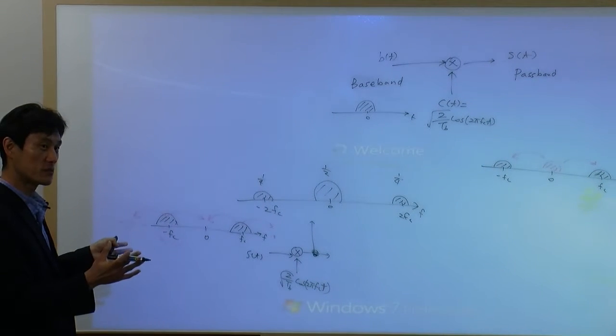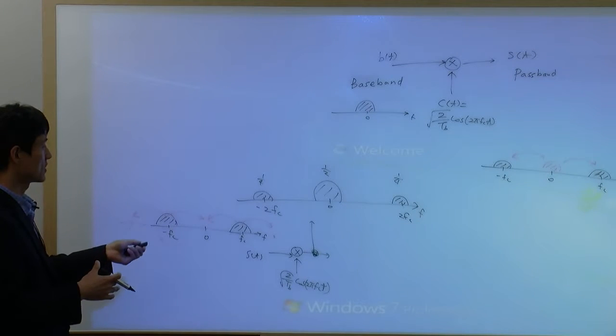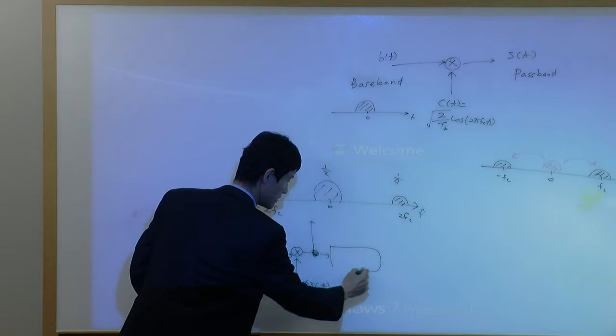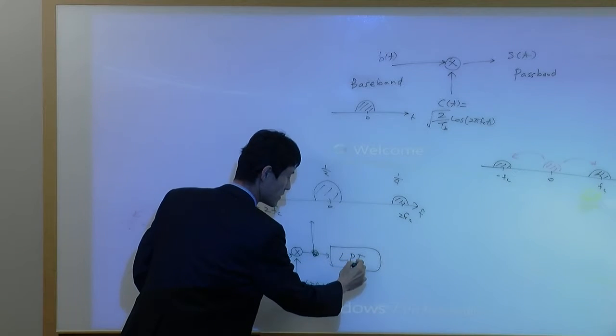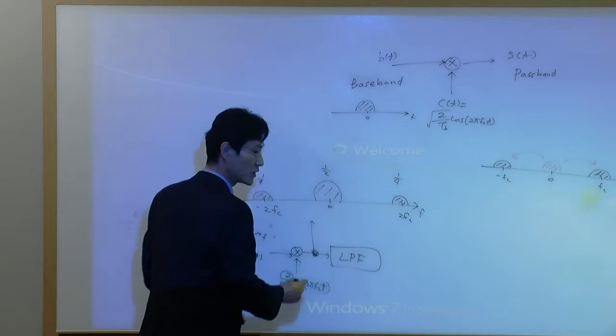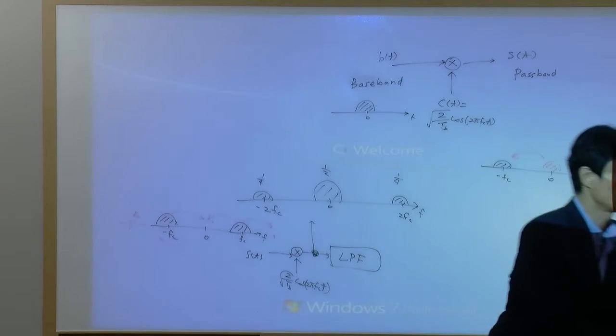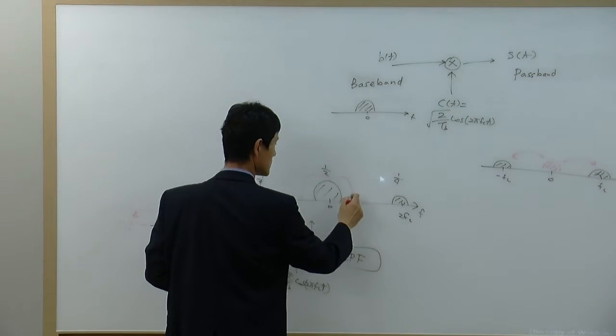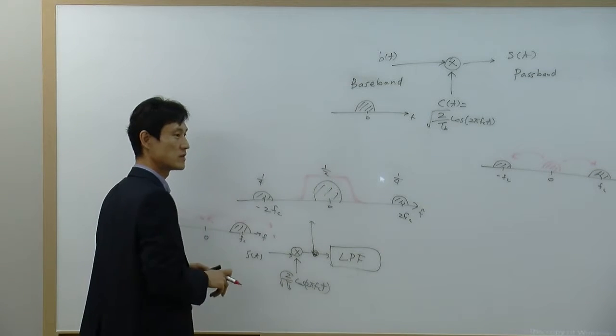I'm talking about the frequency point of view, right? This is a frequency picture. Now, what is the next thing to do? Low pass filter. So when you put the low pass filter in, what happened? Your low pass filter will look like this. This is your low pass filter.